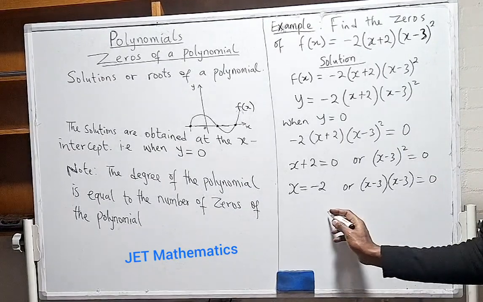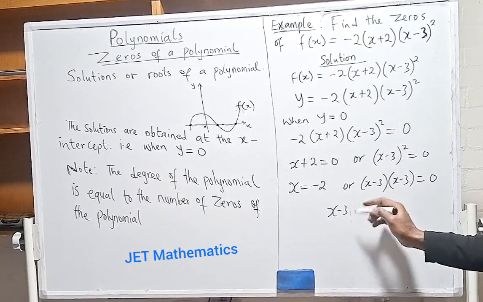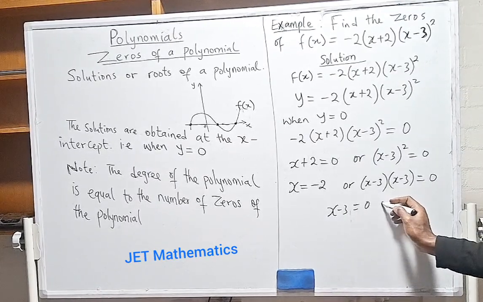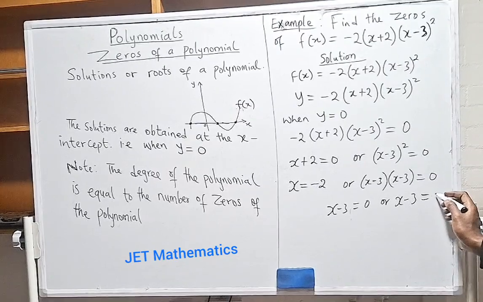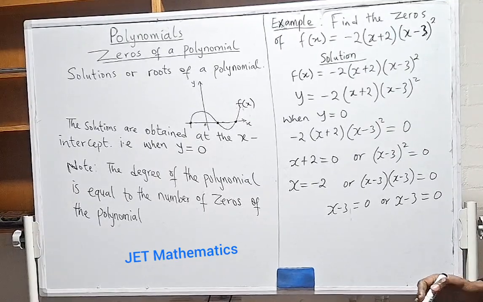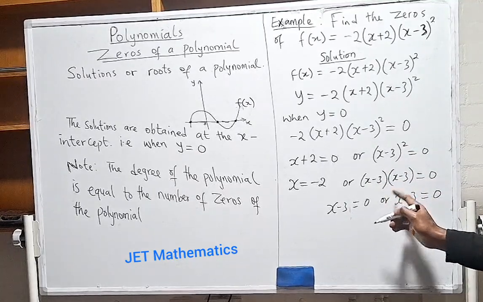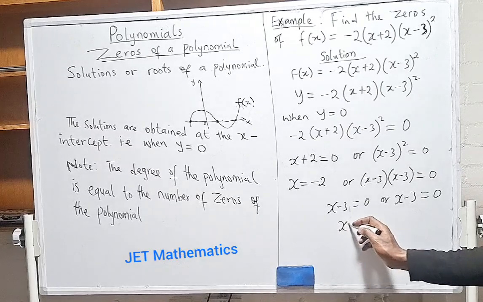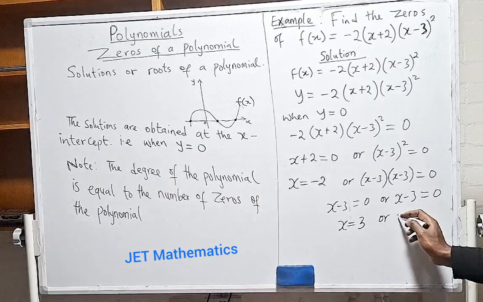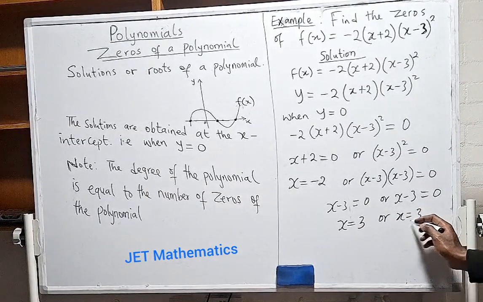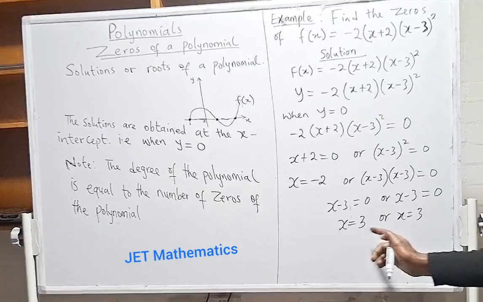We take the first one, x minus 3 is equal to 0, or again this next one, x minus 3 is equal to 0. Because of this square, that's why we're opening it twice like this. So here we have x is equal to 3, or x is equal to 3. Here we have multiplicity of roots because the roots here are the same.